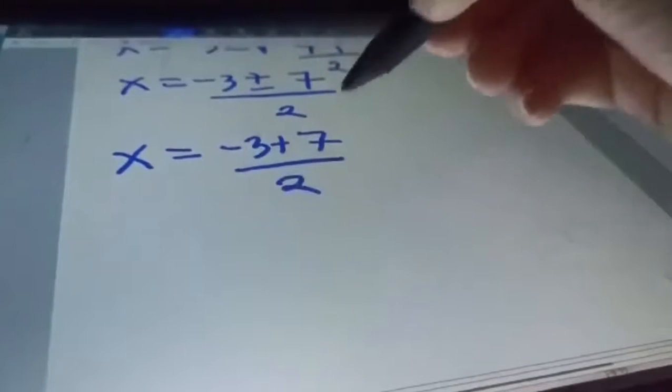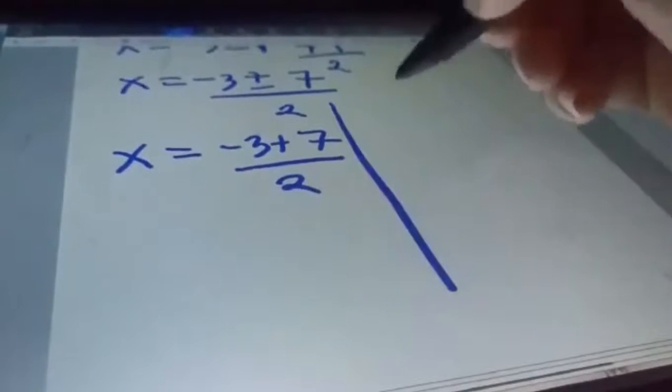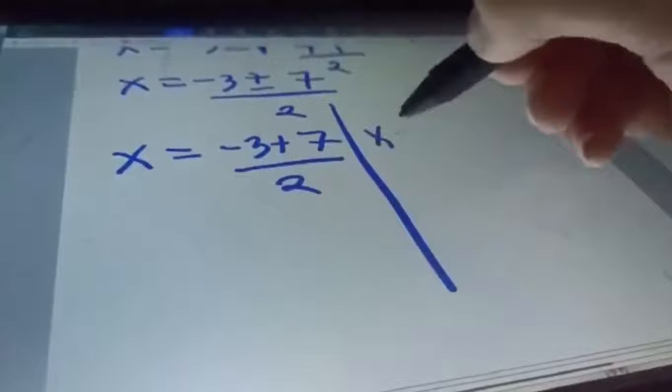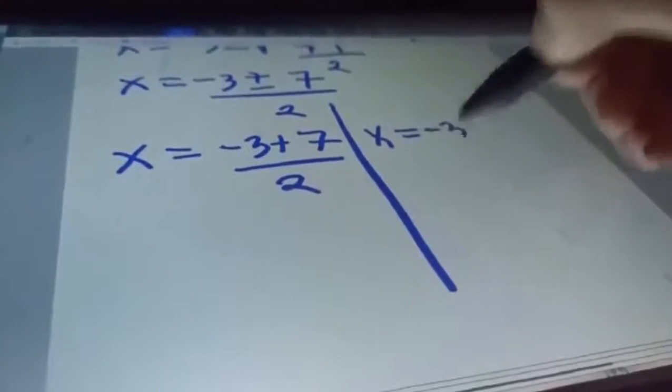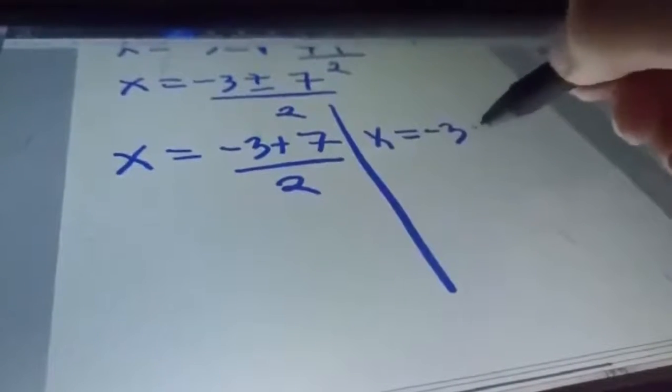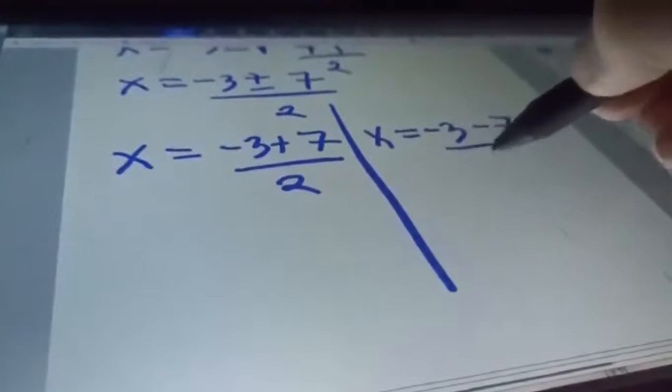So, una, ang sasolve natin is yung positive. X is equal to negative 3 plus 7 over 2. Lagyan natin ng hati. Yung isa is na x is equal to negative 3 minus 7 naman all over 2.